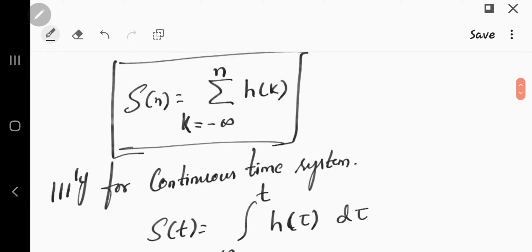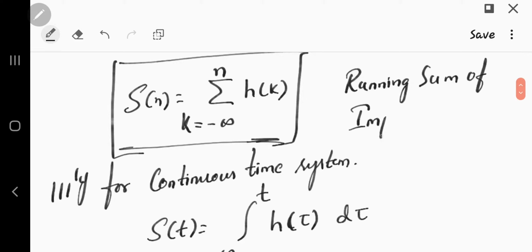Now looking at the expression for the discrete time system, we can say that step response is nothing but the running sum of impulse response, where h of n represents the impulse response here.